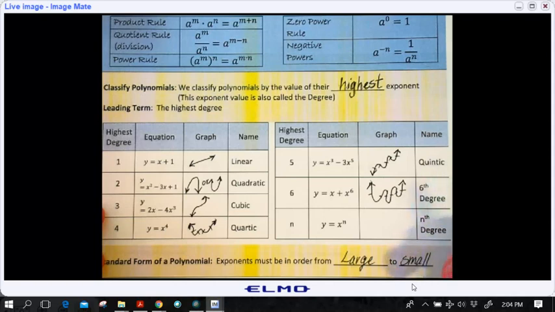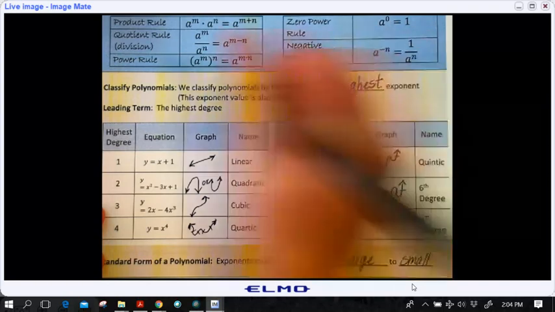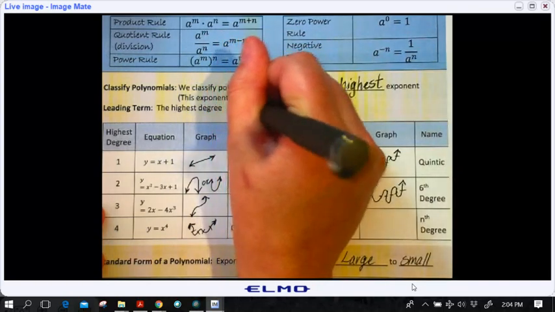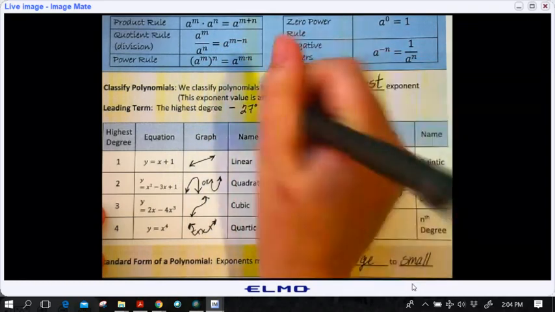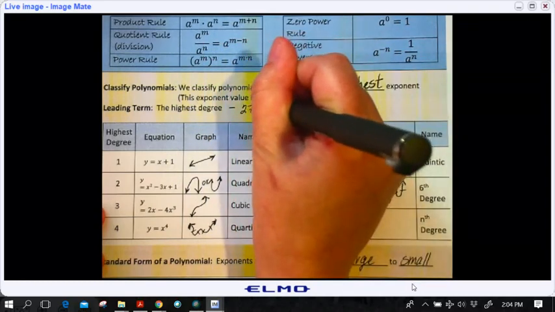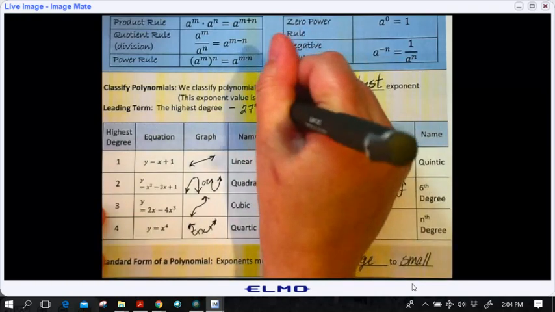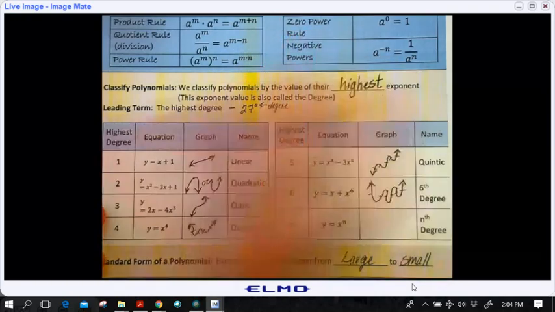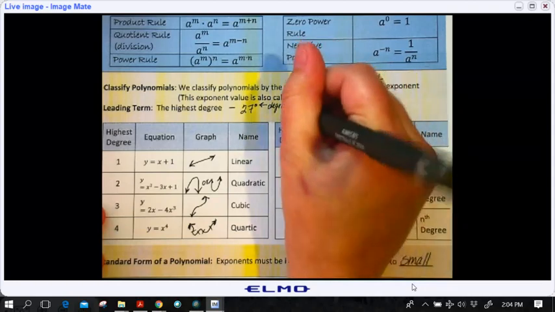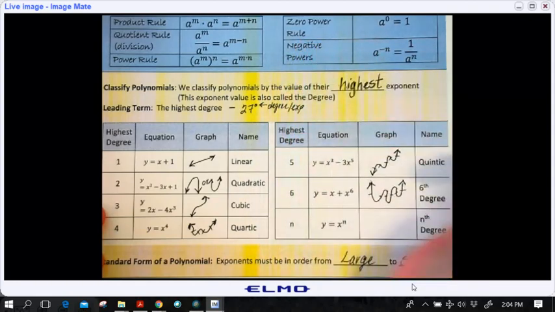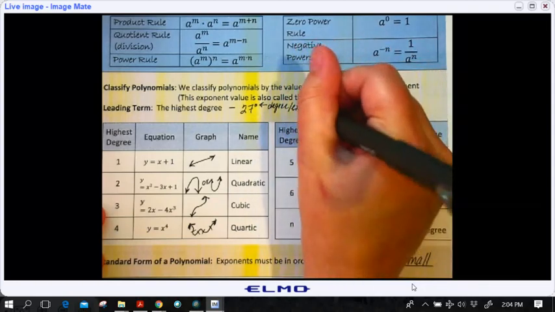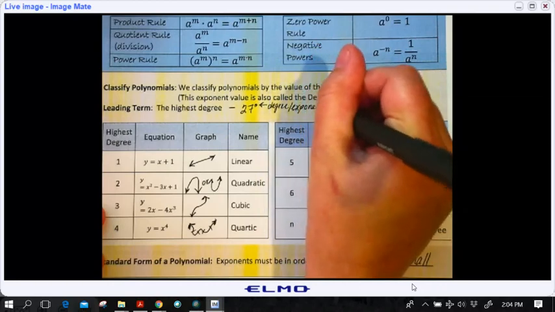So I want you to think about when we discuss degrees. So here's an example, 27 degrees. The degree symbol is in the same place that an exponent would be. Okay, so we refer to that as the degree of the polynomial.